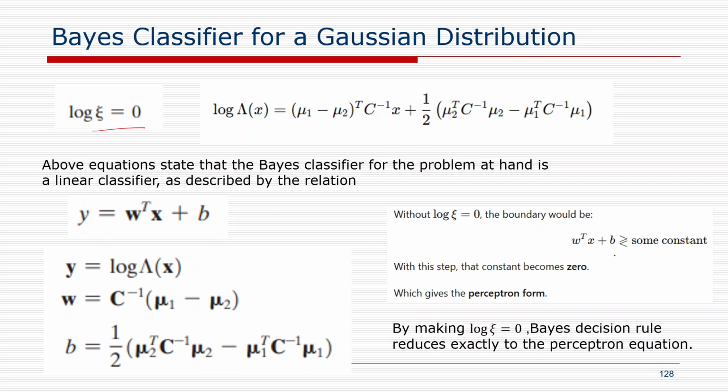Therefore we made the boundary decision as log xi equal to 0. With this step the constant becomes 0, which gives the form equivalent to the perceptron form. By making log xi equal to 0, Bayes' decision rule reduces exactly to the perceptron equation. That's why we have made log xi equal to 0.